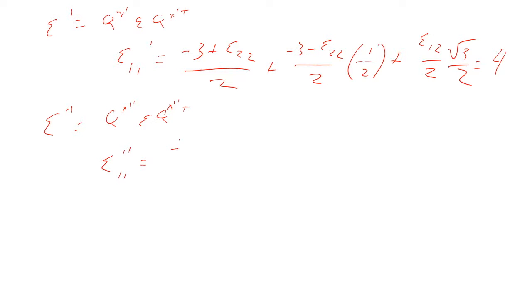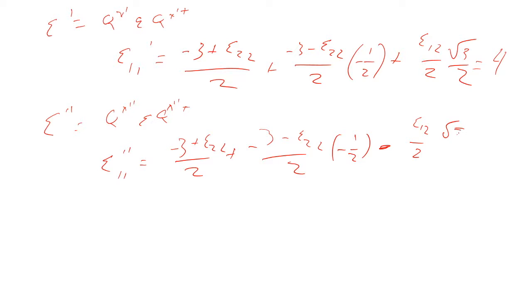I get minus 3 plus epsilon 2 2 by 2 plus minus 3 minus epsilon 2 2 by 2 times minus 1 half minus epsilon 1 2 by 2 square root of 3 over 2 equals 2.